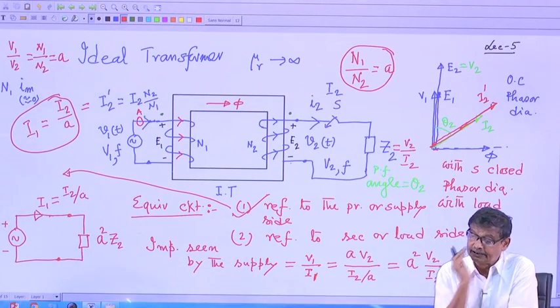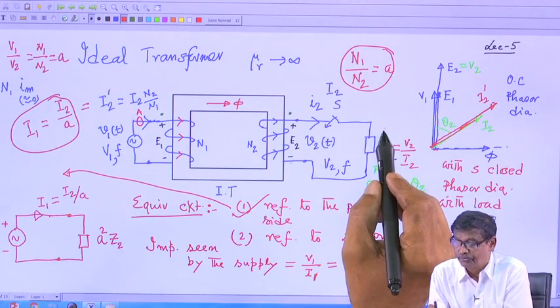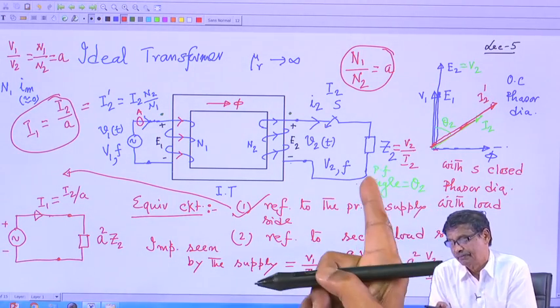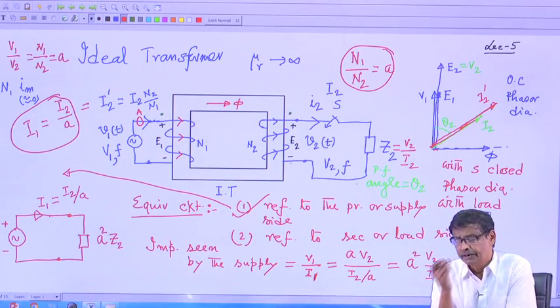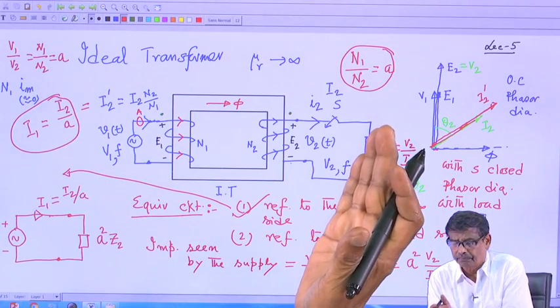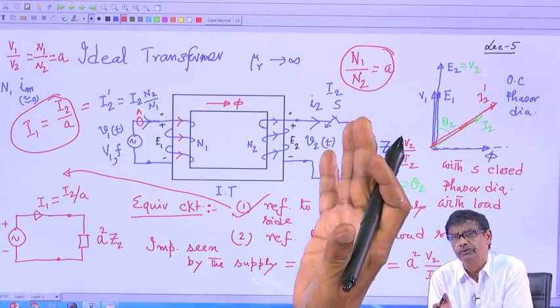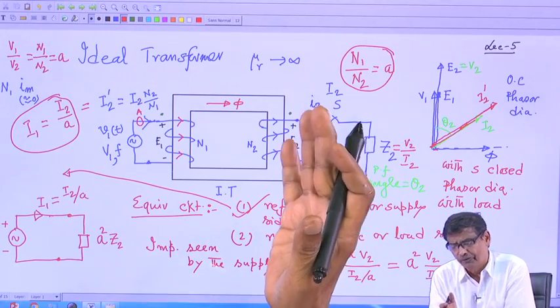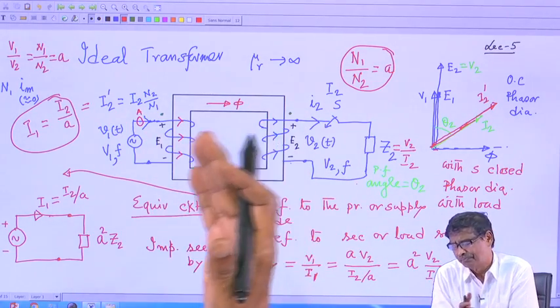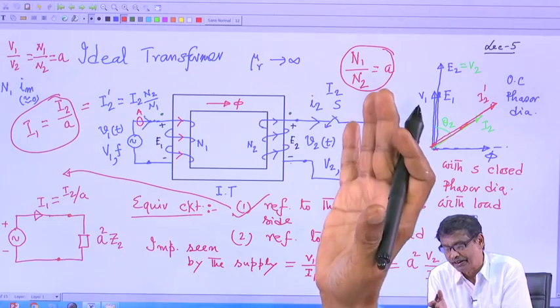Similarly, one can see from the load point of view, if you sit on this impedance, you know you have been supplied with a voltage V2. Before that there is a transformer, it is not going to change the current in the circuit.